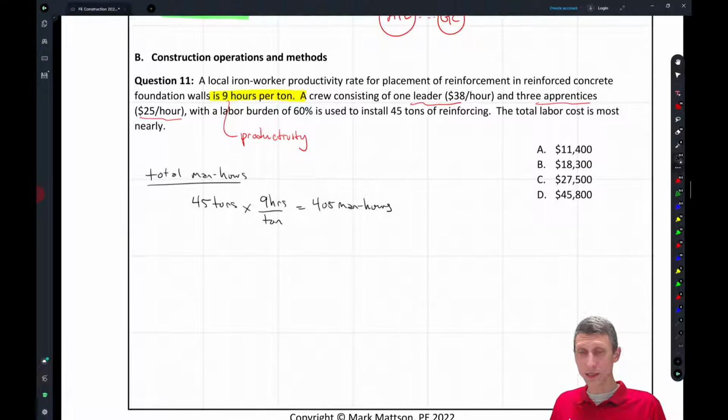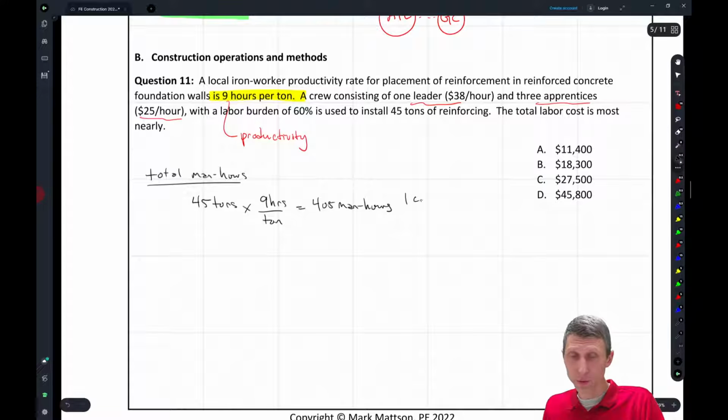Well, how much is it going to cost? That's the next question, right? And this is where we have to figure this out. We know it's 405 man hours, but if we have a crew, 1 crew hour is 4 man hours, because we have the superintendent plus 3 apprentices, so that's 4 man hours per crew hour.